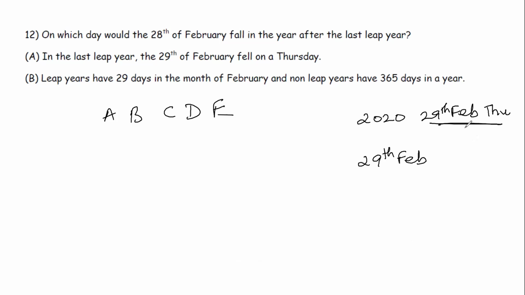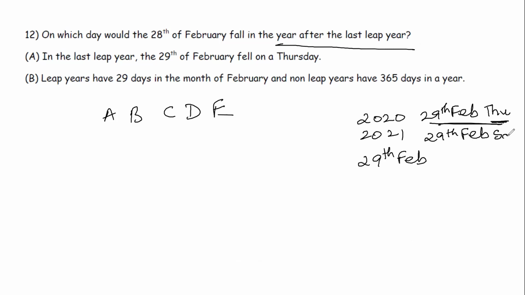Then the property out here is that you need to know that in 2021, the year after the last leap year, if they're asking 29th of Feb, correct?